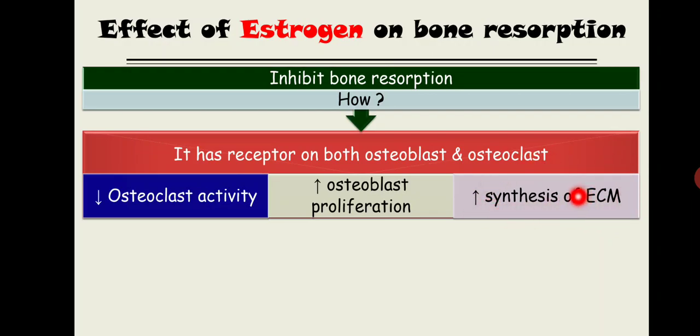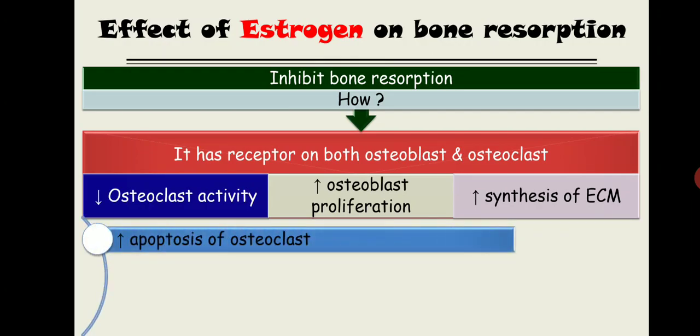If you remember up to that, that's okay, but good students might also know what estrogen does to decrease osteoclastic activity. Let me give you that detail also. It will increase the apoptosis of the osteoclast. What is apoptosis? Apoptosis is programmed cell death.